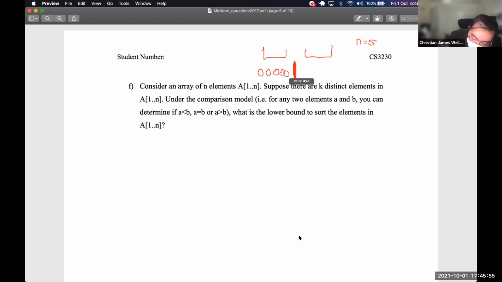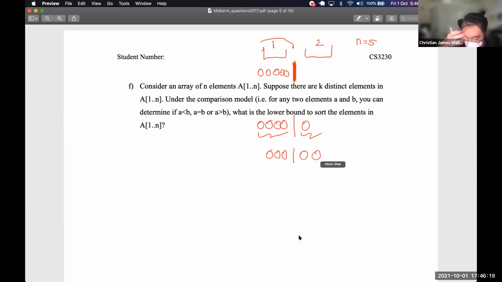So if the partition looks like this, then it means all the 5 items go to bucket number 1. If there's some other combination, this means that 4 elements go to bucket number 1, 1 element goes to bucket number 2, or maybe the partition looks like this.